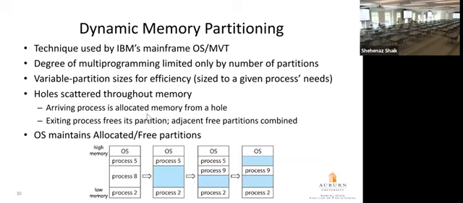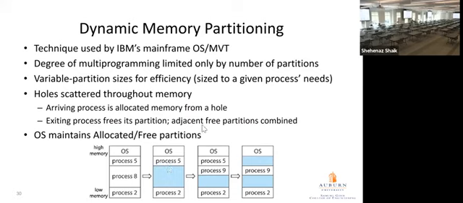Okay? So an arriving process is allocated memory from a whole, in other words, the free memory capacity. And whenever a particular process completes its execution or leaves the system, it simply frees that partition. Okay?